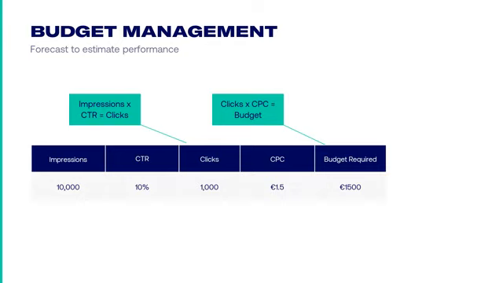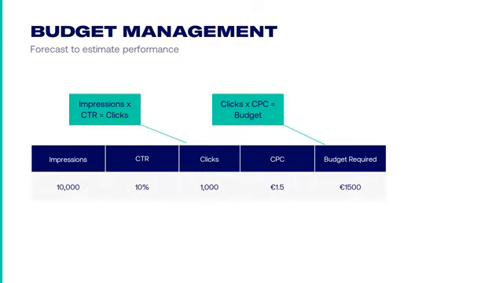So you're able to forecast how much you need to spend based on the traffic that you need, which ultimately has a conversion rate, which ultimately leads into your conversions. Working backwards from that, we're able to forecast, and conversion rate is the most important metric for any kind of commercial activity.